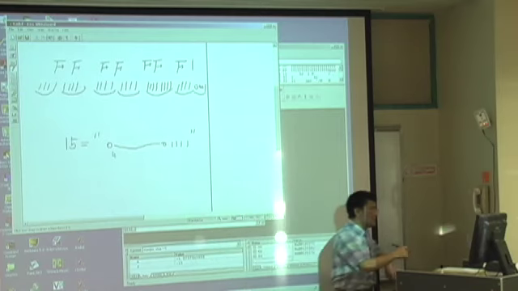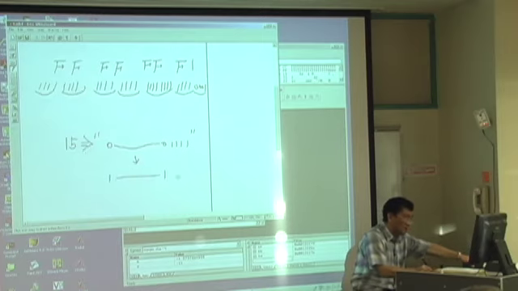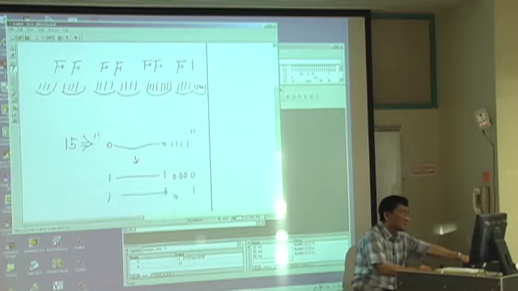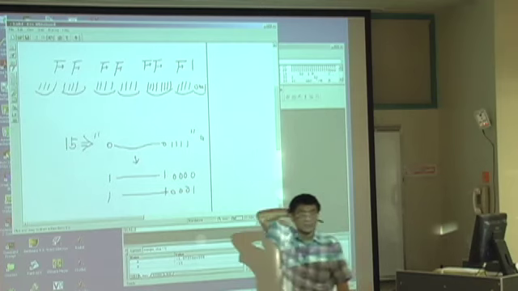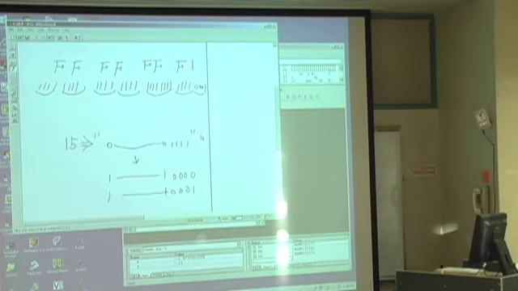Then it becomes 1 everywhere up to this point, and then 0, 0, 0, 0. Invert and add 1. So take a look. Exactly this happened, right? So I completely covered IEEE number representation.